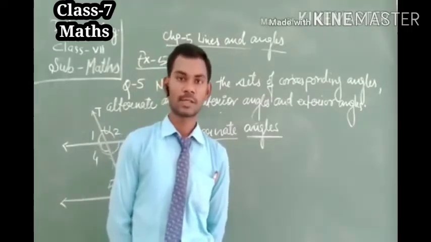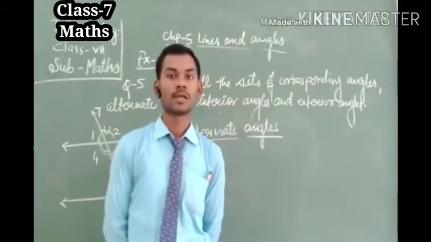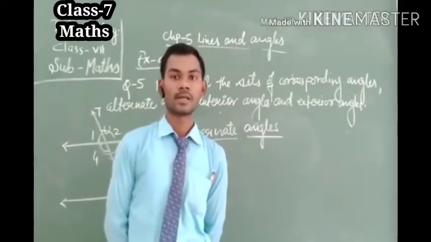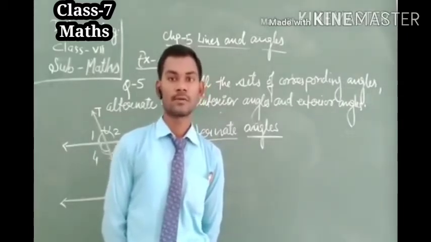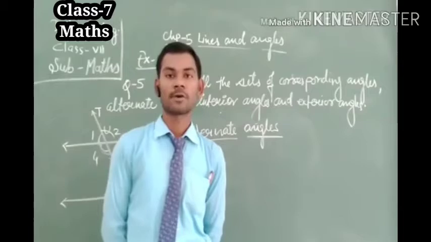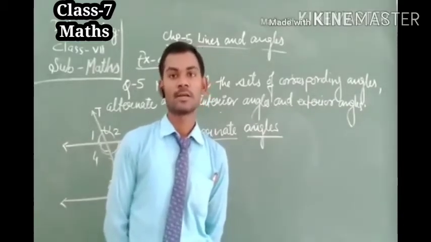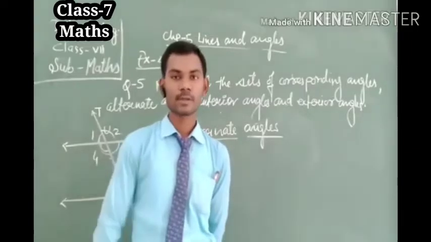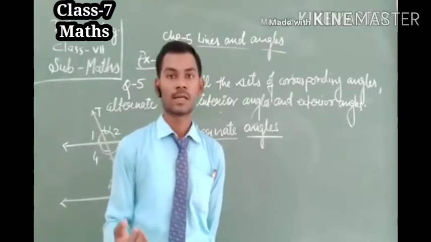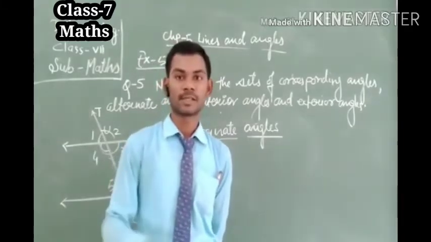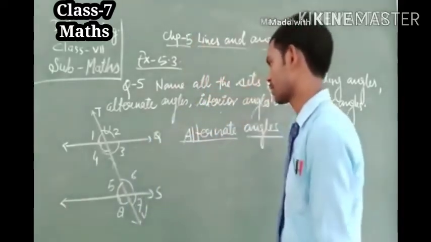Then they are known as alternate exterior angles. And two angles are said to be alternate interior angles if one arm of each angle is on the opposite side of the transversal and the other arms are formed by the transversal and they include the line segment UV.